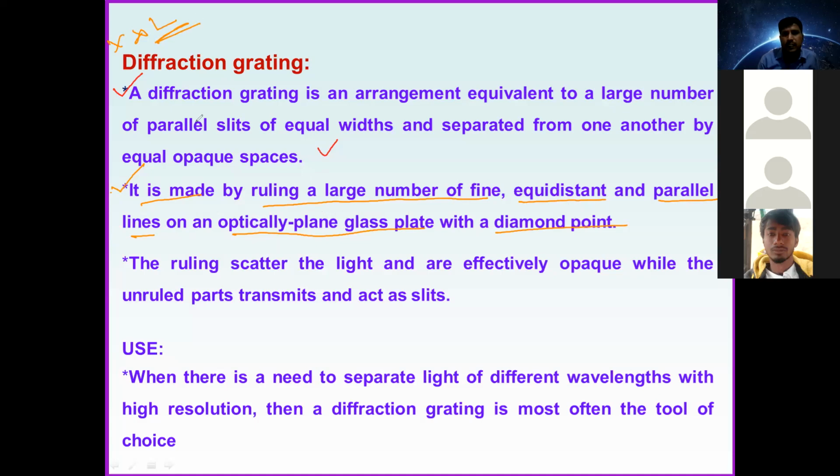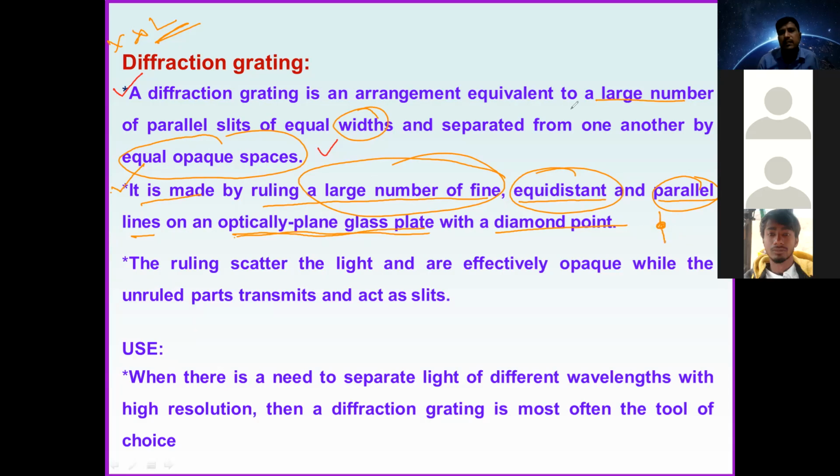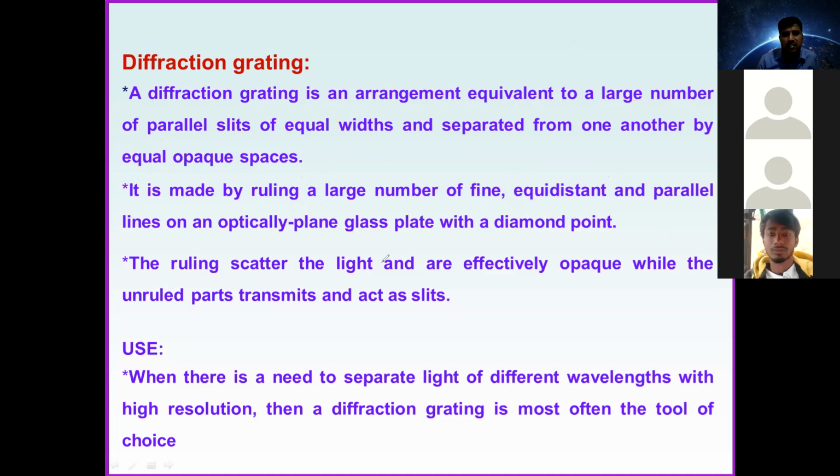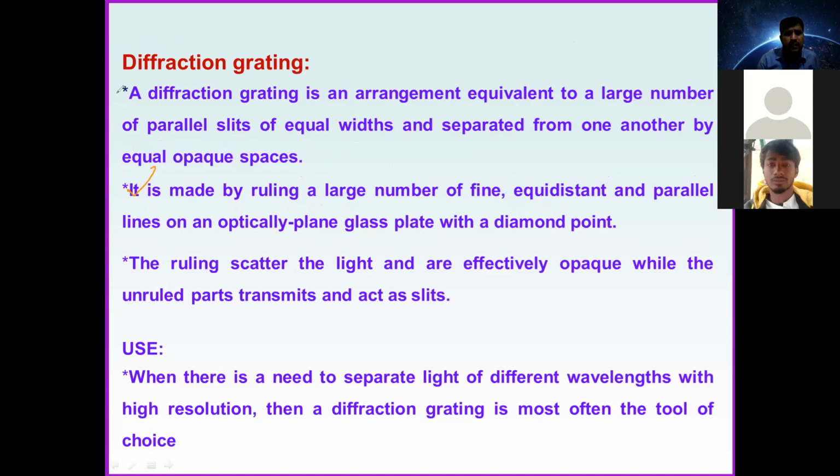So this kind of diffraction grating is an arrangement equivalent to a large number of parallel slits of equal width, also separated by equal opaque spaces, and it is made by ruling a large number of fine equidistant and parallel lines on an optically plane glass plate with a diamond point. They use the optically plane glass plate, and having the diamond point. We're going to see the picture in the next slide.